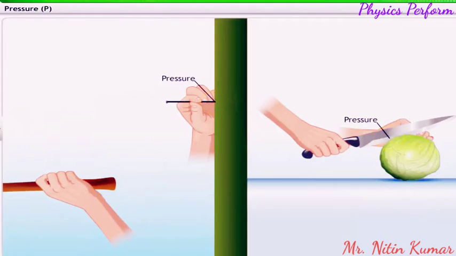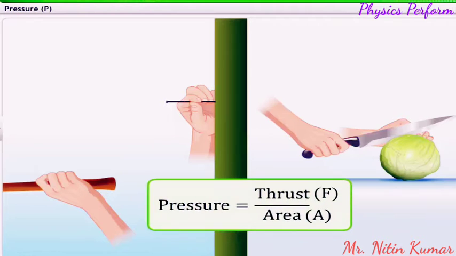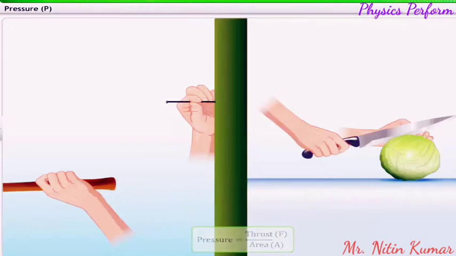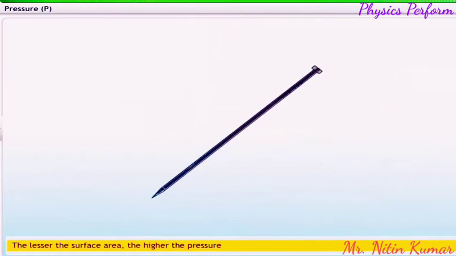In other words, pressure is the amount of thrust acting on a unit area. Pressure is denoted by the letter P. Hence, pressure is calculated by dividing thrust with area. The lesser the surface area of an object, the more the pressure applied by that object. The pointed tip of the nail minimizes the surface area of the nail on which thrust is applied.